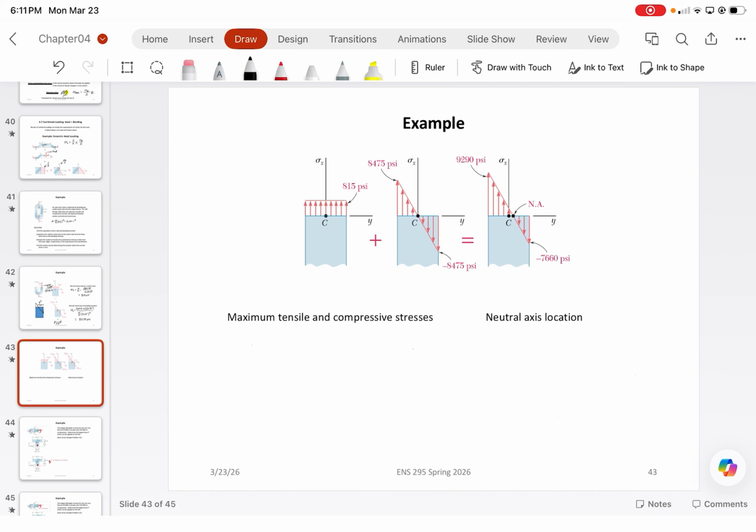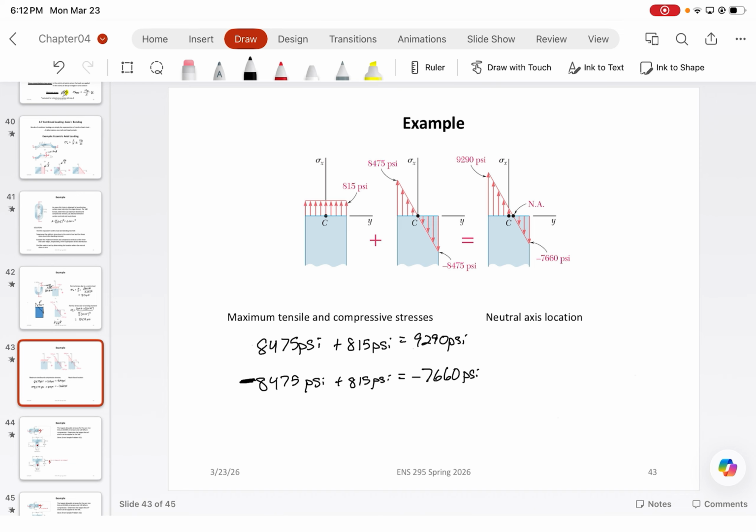So 8,475 PSI plus the 815 PSI gives us the 9,290 PSI. And then the 8,475 PSI, which is negative because it's the bending stress, plus the 815 PSI tension stress, will give us the negative 7,660 PSI stress that you see over on the bottom.